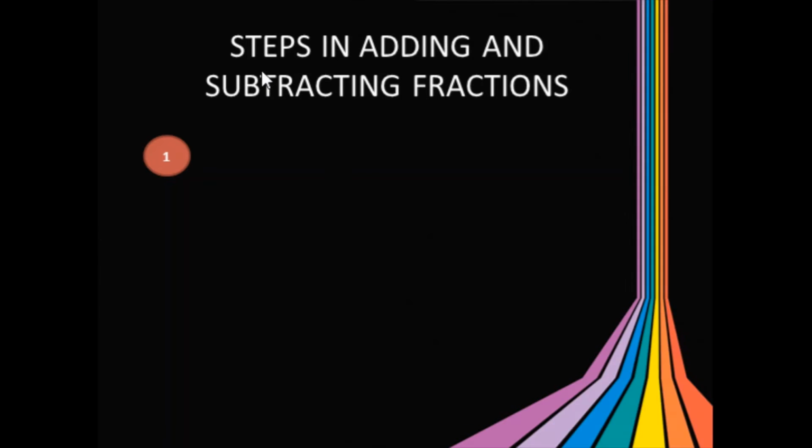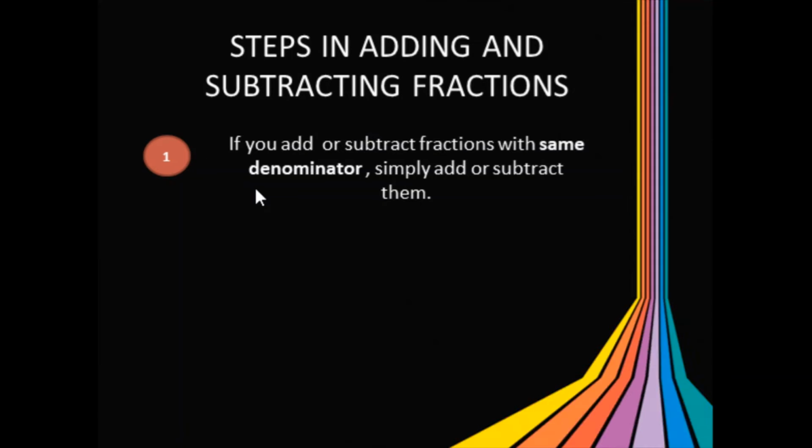Let's now learn the steps in adding and subtracting fractions. First, I will read first and you also try to read it by yourself, okay? If you add or subtract fractions with same denominator, simply add or subtract them.